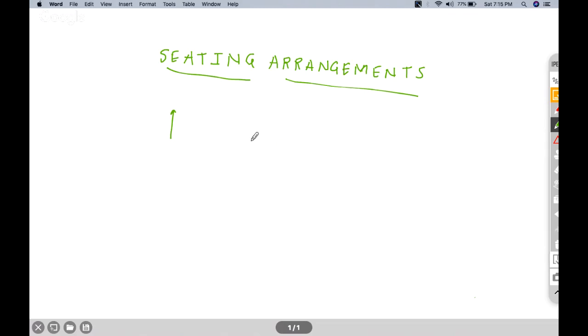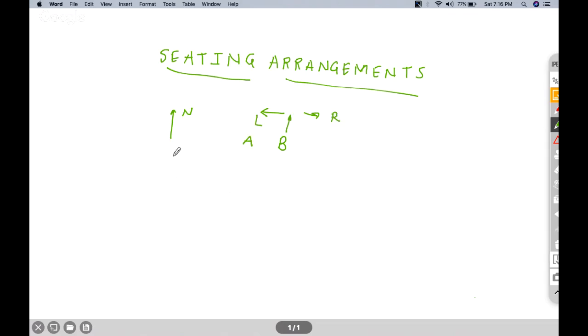Suppose they are facing north. If I say that A is sitting left of B, I'll first mark B, and if the person is facing this side, left would be this side and right would be this side. So A has to go somewhere here.